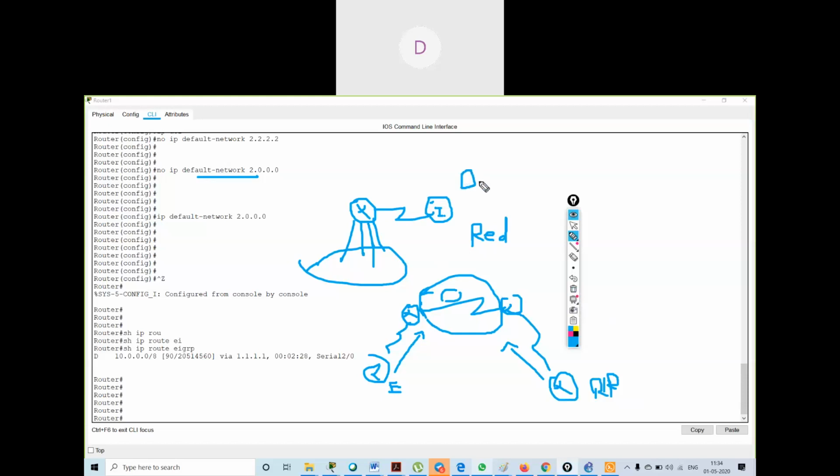But it's asking what is the scenario? Let's say we're doing RIP. What are the advantages of using redistribute or default-information originate? What is the use of default-information originate? We are advertising the default route.